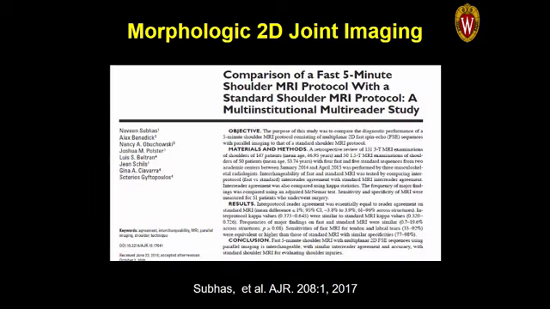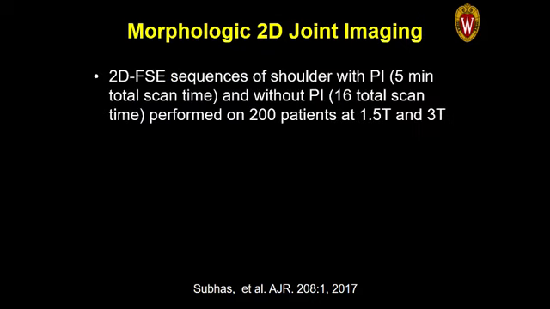Now, this really nice recently published study out of both Cleveland Clinic and NYU described the use of a fast 5-minute accelerated two-dimensional fast-spin echo protocol for evaluating the shoulder joint. Two-dimensional fast-spin echo sequences in this study of the shoulder were performed with and without parallel imaging acceleration on 200 patients on either a 1.5T or 3T scanner.